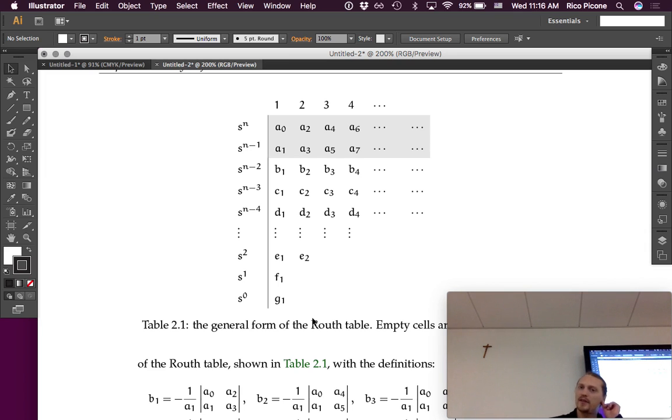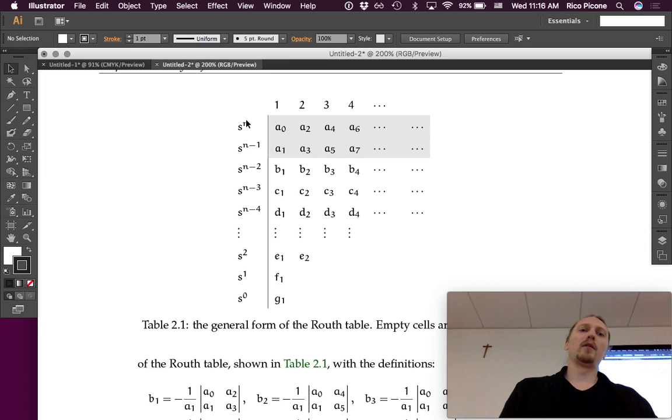So what you can always do when you start your Routh table is to fill in the label column of the rows, so s^n down to s^0. So if your highest order is 4, it would be s^4, s^3, 2, 1, 0, right?